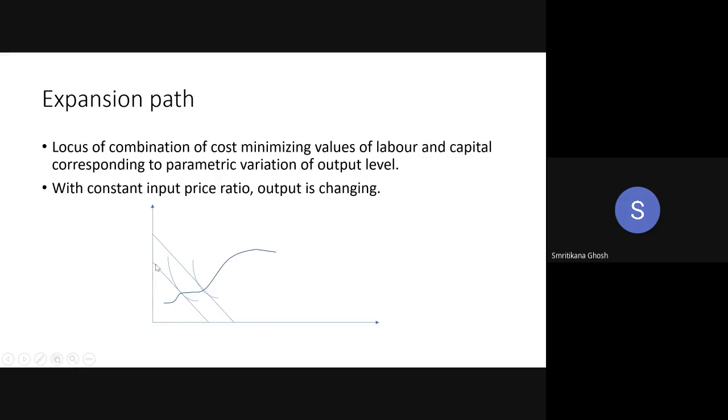So if your isocost lines are parallel, that means W by R is the same. And at the equilibrium, W by R is equal to MRPT. So if your W by R is the same, then your MRPT is also the same at this equilibrium point and at this equilibrium point. So you can say the line like this is also an isocline because MRPT is constant.